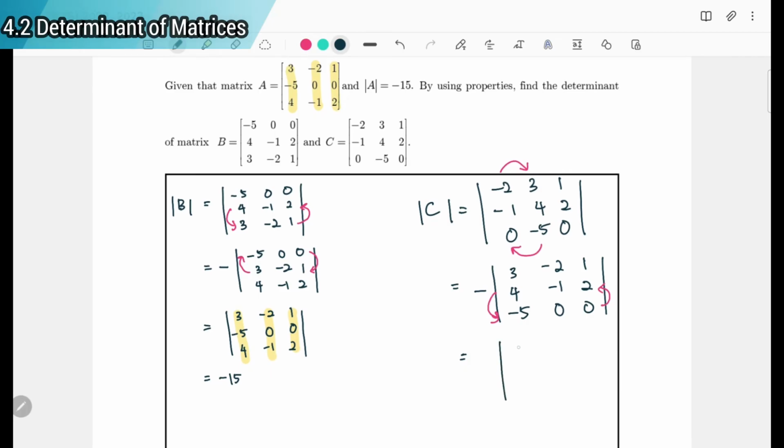Then again, by interchanging the rows, you need to multiply the determinant by negative again. So negative times negative, you get positive.